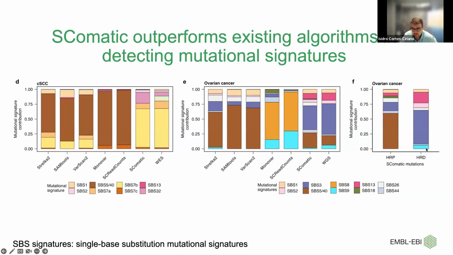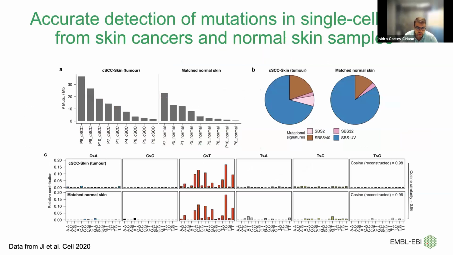As you can see, in those with homologous repair deficiency, the contribution of signature 3, which has been associated with this DNA repair deficiency, is significantly higher and is comparable to whole genome sequencing data. So the key point of this plot is that we can detect mutational signatures, including those that are clinically relevant, using the mutations detected by SOMATIC.